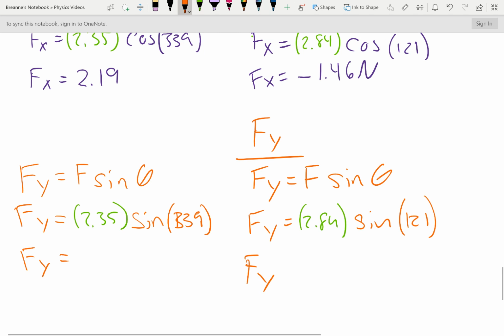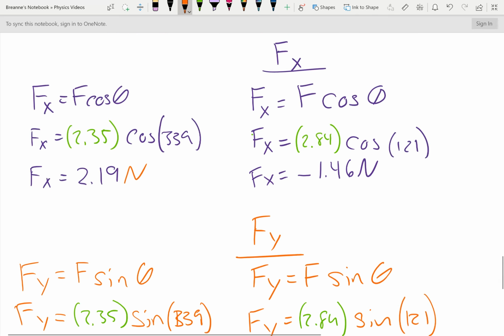So 2.35 times sine of 339, you would get a negative 0.84. And then this one, 2.84 times sine of 121, and you would get a 2.43 newtons, of course.